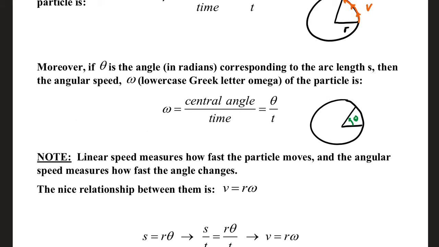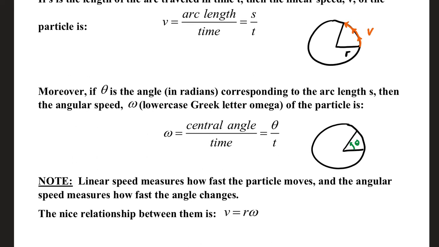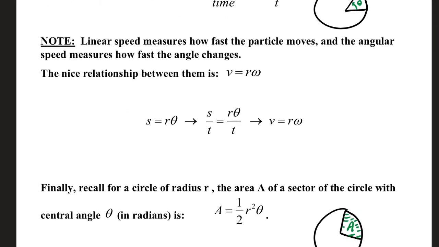So linear velocity is the arc length traveled over a set amount of time. Omega is the amount of angle swept over a certain amount of time. Linear speed measures how fast the particle moves, and angular speed measures how fast the angle changes.